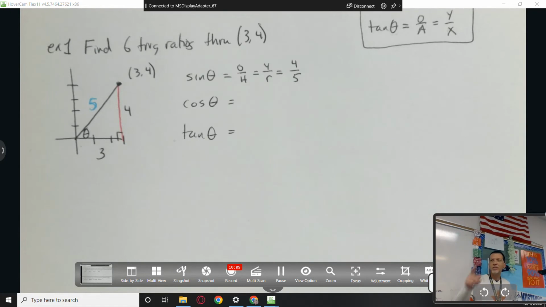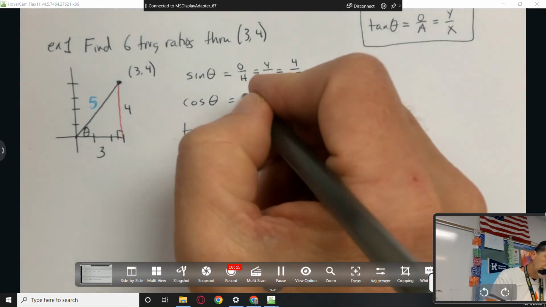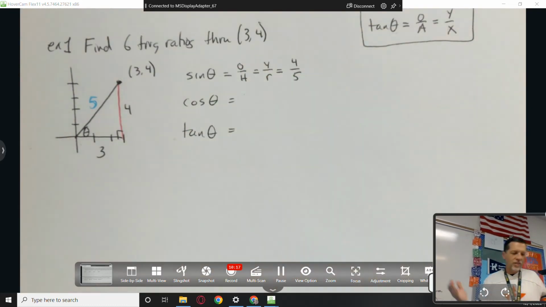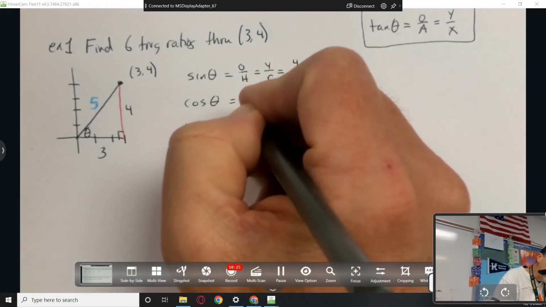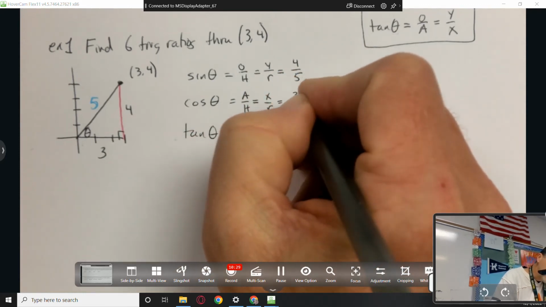You look at the opposite, you look at the hypotenuse. You're familiar enough with it now where you don't need to write it all out. Same thing with cosine. In fact, just tell me, looking at that triangle, what's the cosine of that angle? 3 over 5. So if you're comfortable with that, you can just write 3 over 5. I'm going to write it out just because it's our first one.